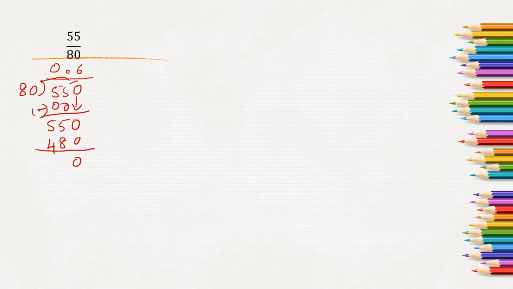Now 0 minus 0 is 0, and then from 5 we cannot take away 8. We'll borrow from 5. 5 becomes 4 and the other 5 becomes 15. 15 minus 8 will be 7. 4 minus 4 is 0. Now we are left with 70. So here again we'll have to place 0 and then bring down that 0. Now we have 700. Here 8 8 times will be 64 and 8 9 times will be 72, which means 720, which will be more than 700.